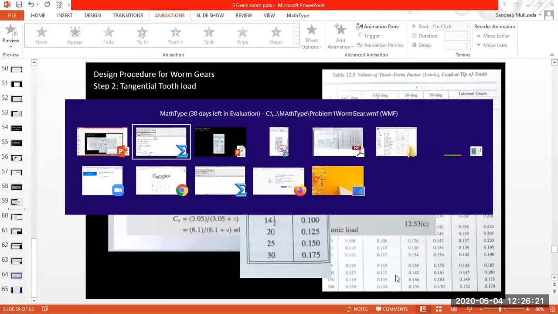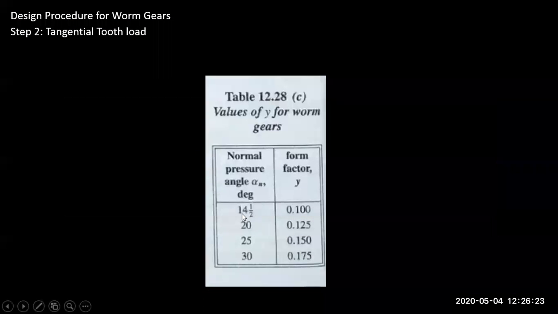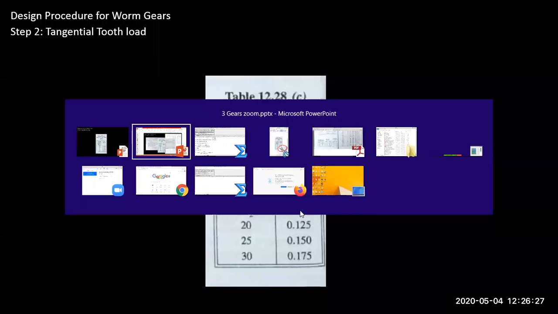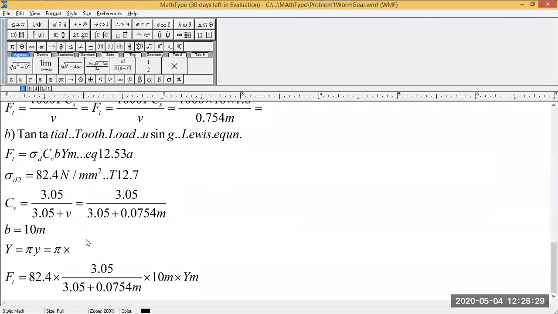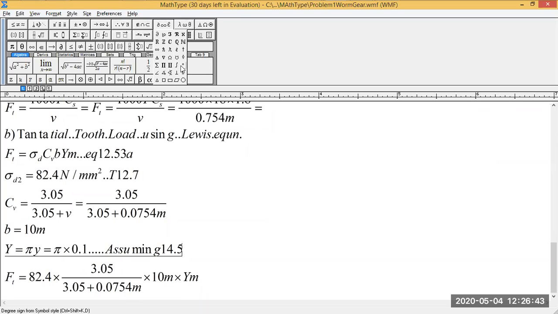So let's assume 14.5 degrees. So for 14.5 degrees, the y value is 0.1. So this is assuming 14.5 degrees full depth involute.